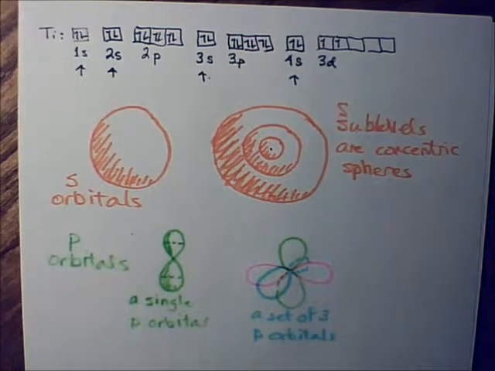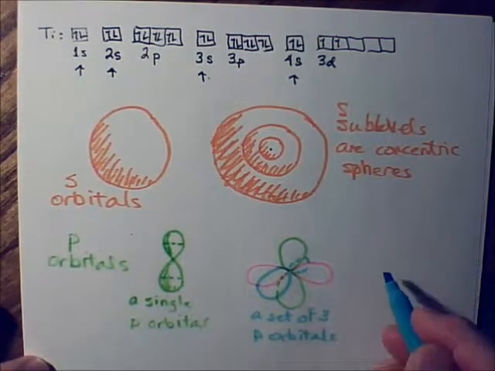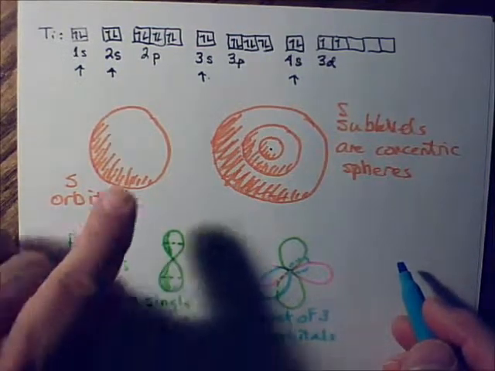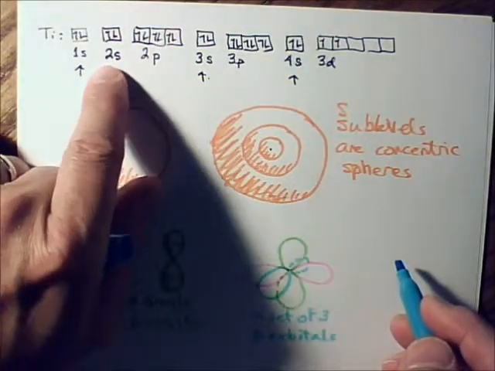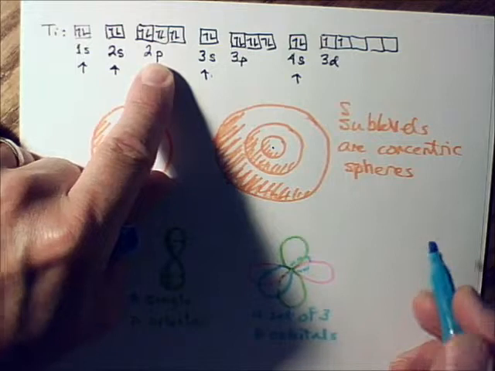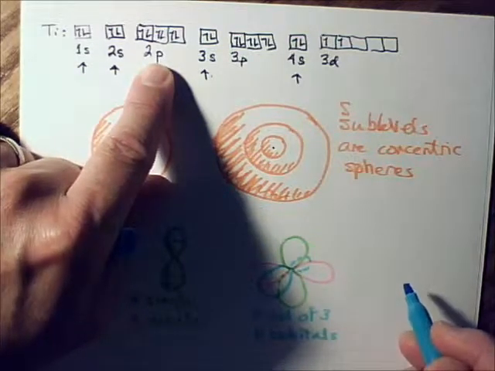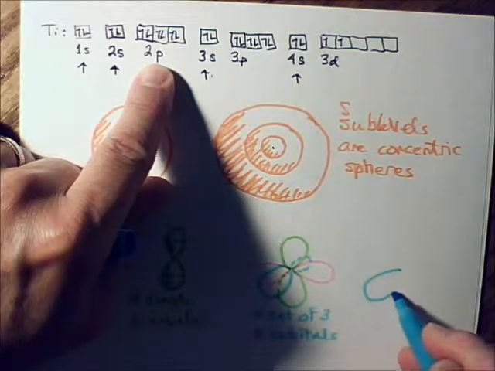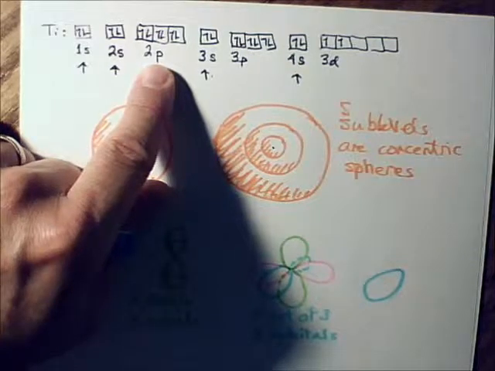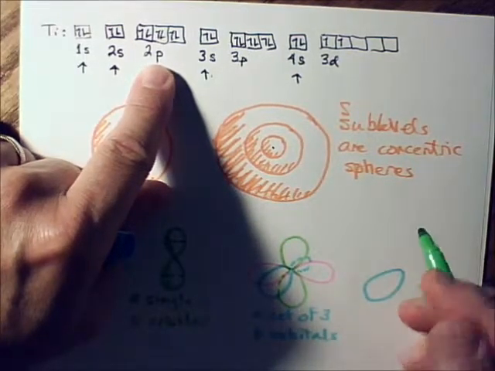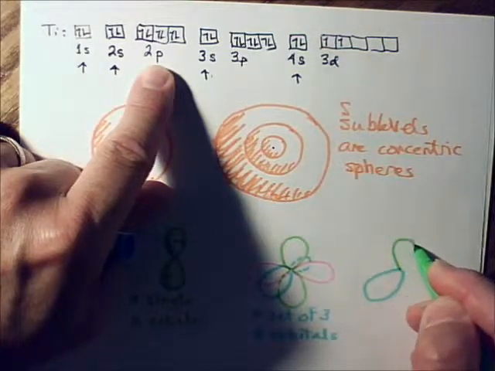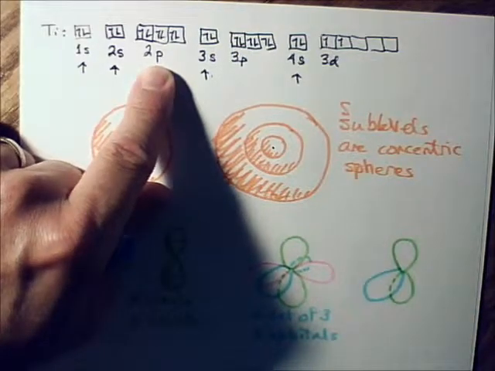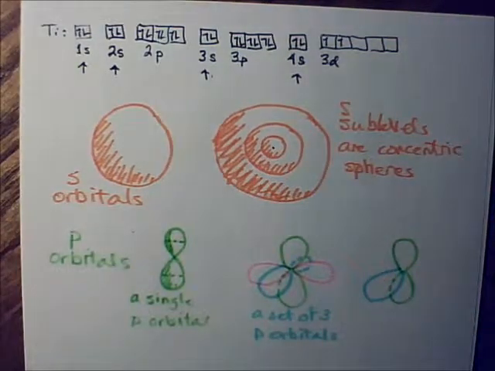Now those p orbitals are actually arranged inside the s orbital in that same primary energy level. So if I were in the second primary energy level, I have an s orbital and a p orbital. Okay? So if that's the case, then I'm going to have one p orbital coming out toward you like that. And we'll have the one that's vertical. Then we'll have the one that's going from side to side.